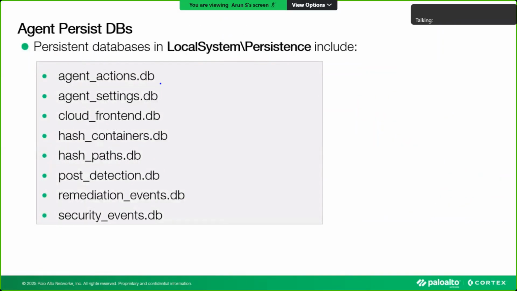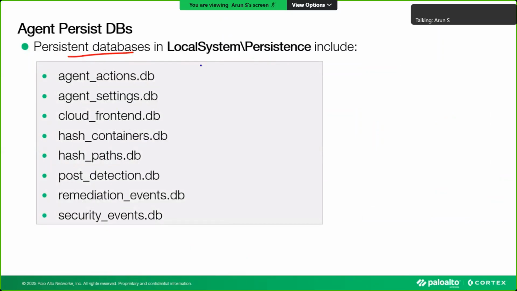These are called persistent databases. All the information about your agent, how it is working, the front end, the actions, and the settings of your agent will be available in these databases.